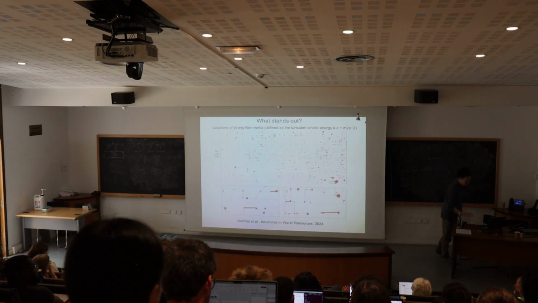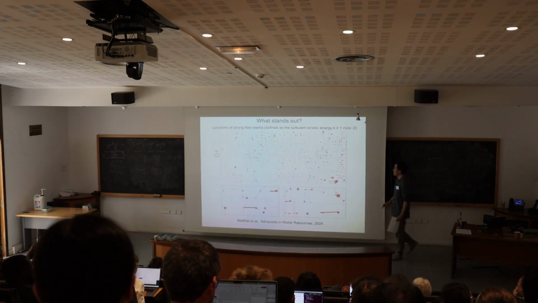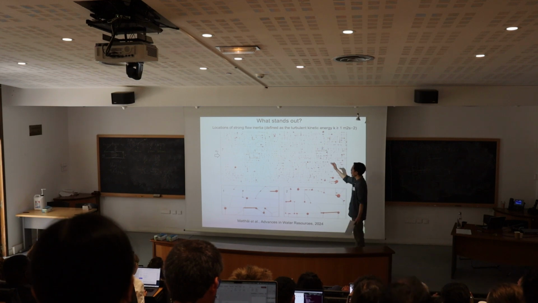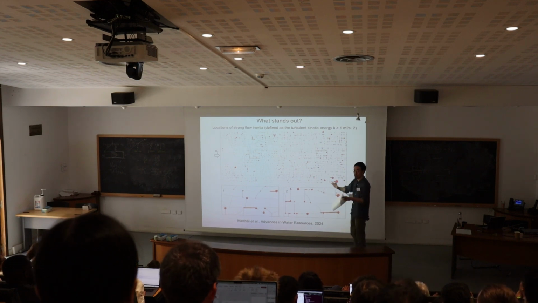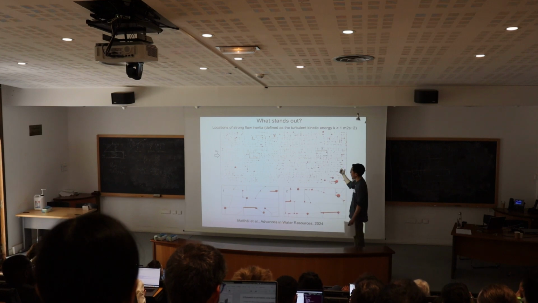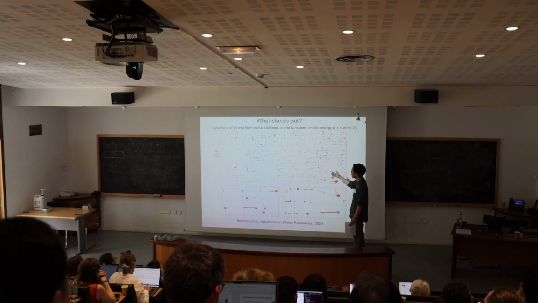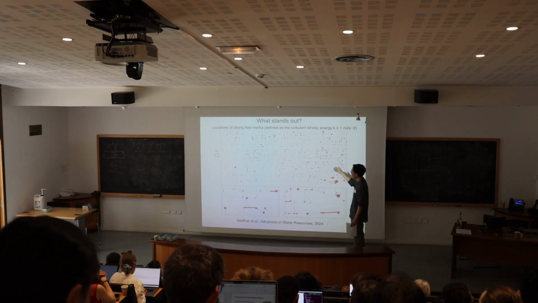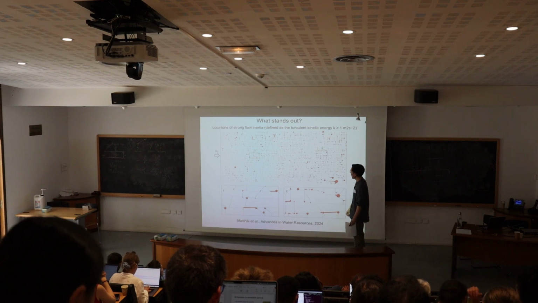I was even more excited by this diagram here. And what this shows is the locations with high turbulent kinetic energy. That doesn't mean it's in turbulence. It just means how unsteady the flow is or how much kinetic energy is due to the velocity fluctuation. And basically the red area means where there is more inertia effect.